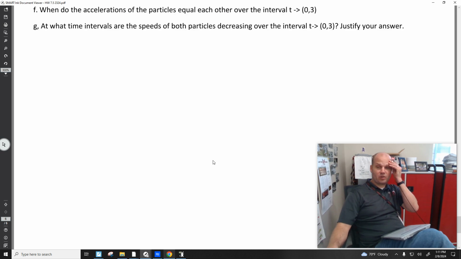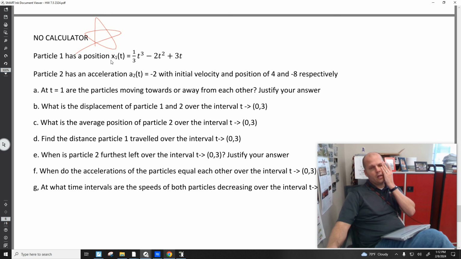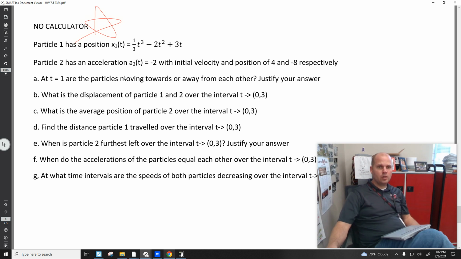All right, so this question is what the question on your quiz and on your test is going to look like, where you have no calculator and a bunch of equations. You have to do all this stuff. This is very much similar to the question you'll have on the quiz and your test in that I'm giving you two particles, two situations.